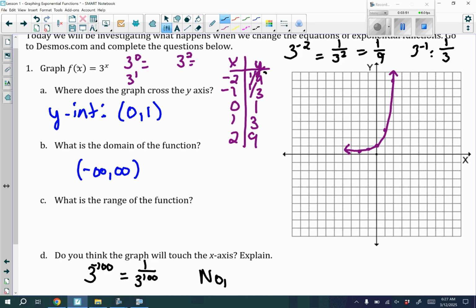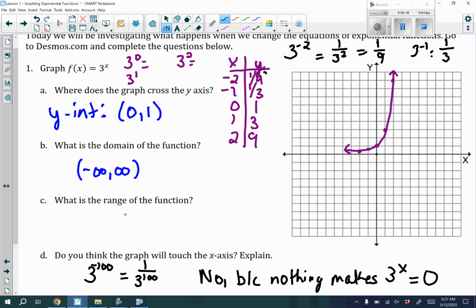So do we think the graph will touch the x-axis? No, because nothing makes 3 to the x equals 0. We can plug in a -x as stated, but remember, that's going to give us a fraction. It will get very, very close to 0, but never actually equal to 0, okay?